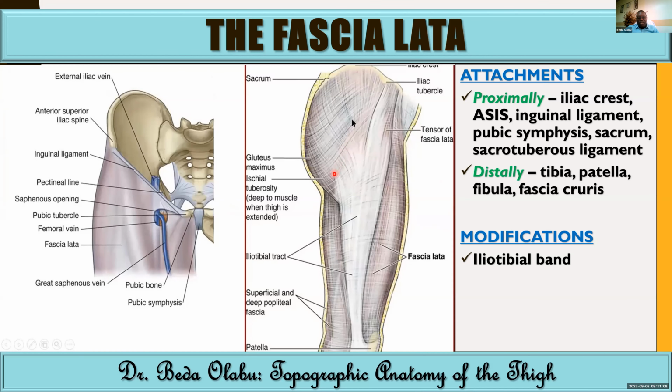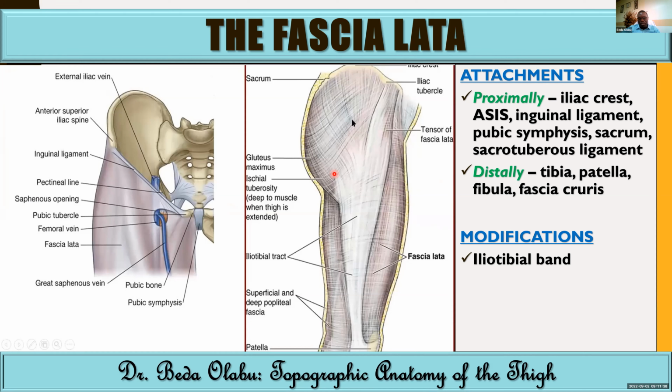Posteriorly, it receives most of the fibers of the gluteus maximus muscle. If you remember from the previous session, gluteus maximus has two major insertions: the iliotibial band, capturing the proximal 3/4 of the fibers of the gluteus maximus, and gluteal tuberosity, capturing the distal 1/4 of the fibers.